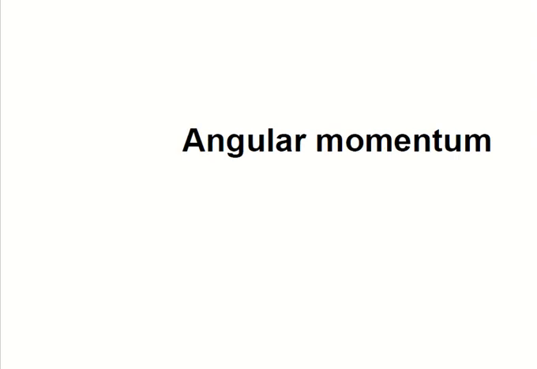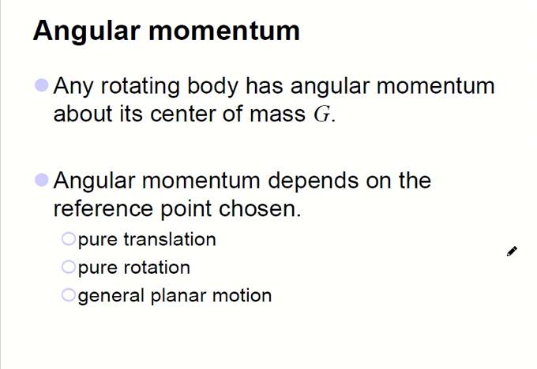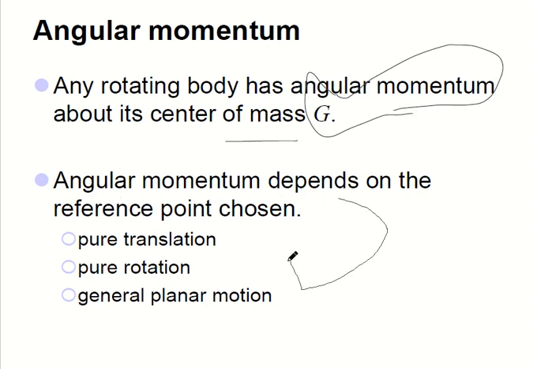Then we will get into angular momentum. Any rotating body has angular momentum, and we're dealing with the center of mass G as our reference point again. Rotating bodies always have an angular momentum, and it depends on your reference point, your datum, which is very important.